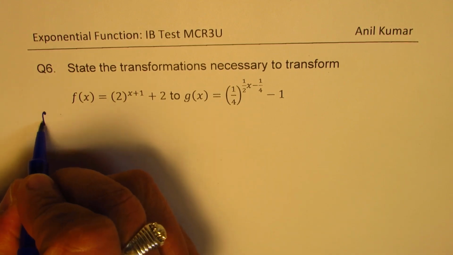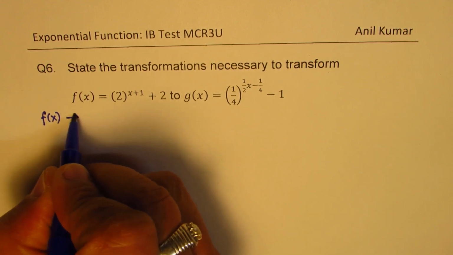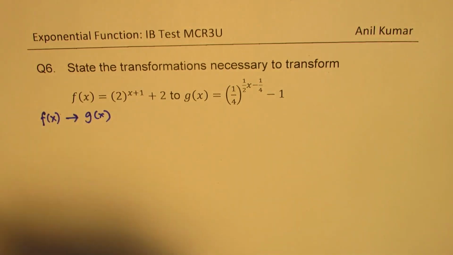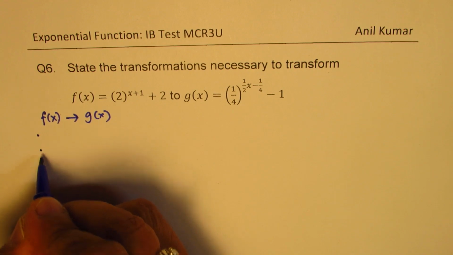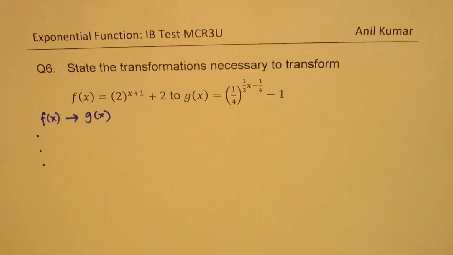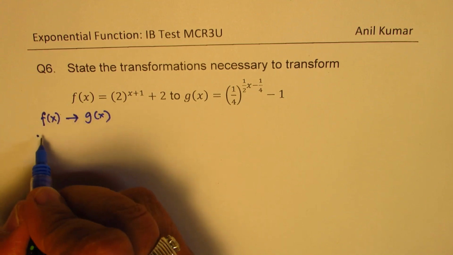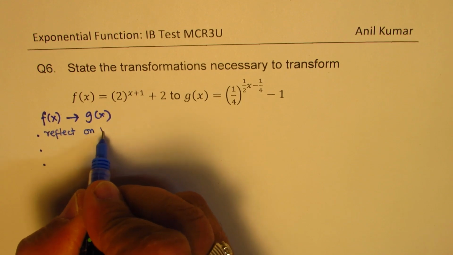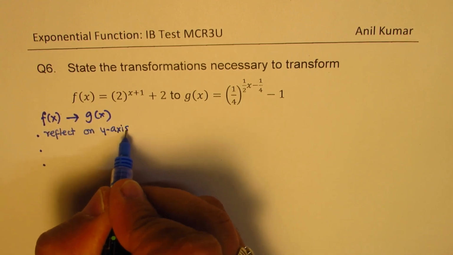We have just discussed that the transformation from f of x to g of x was these 3. First, we need to reflect on the y-axis.